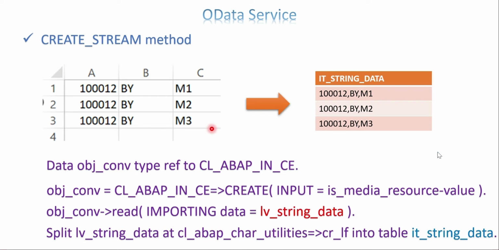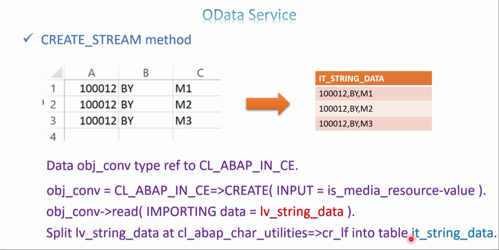We have 3 records. All 3 are going to be stored in the string variable, and every record is separated by a hash character, a double hash character. So for that, I'm going to split it: split lv string data at cr lf, which is nothing but the double hash, into a table it string data.